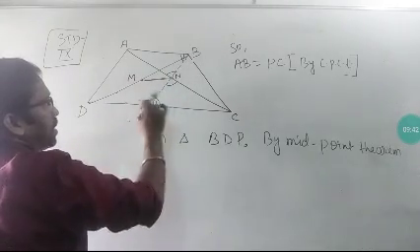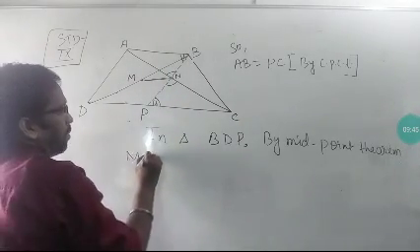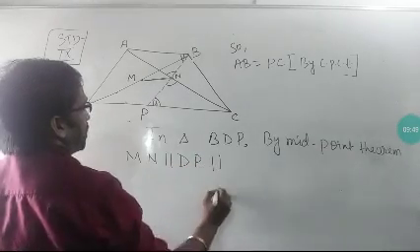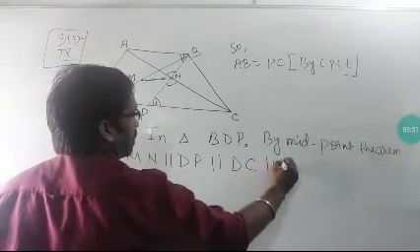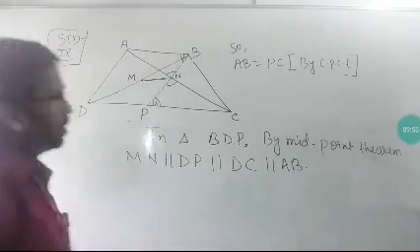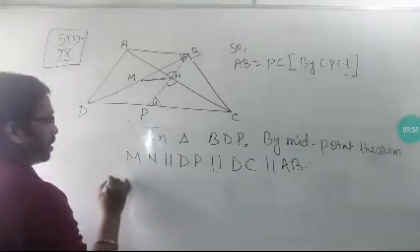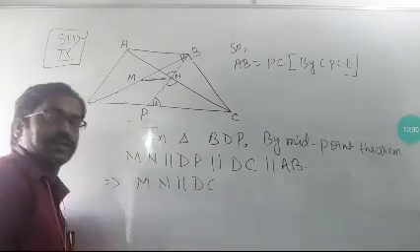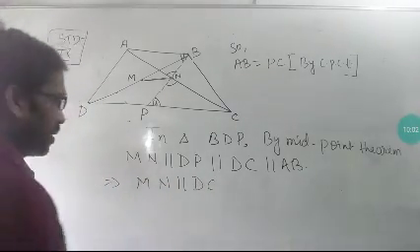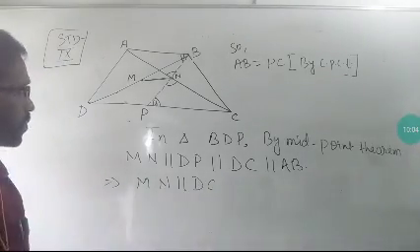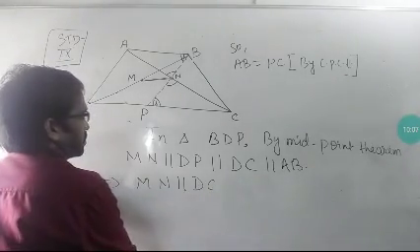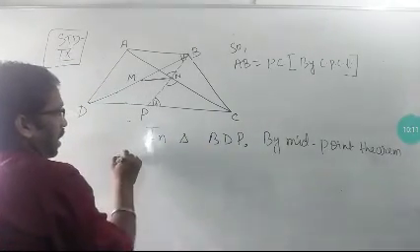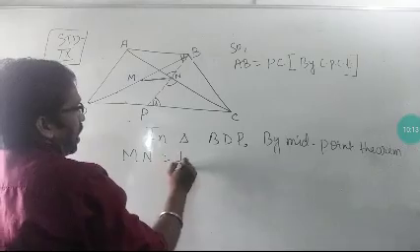So in triangle BDP, MN is parallel to DP, as well as DP is parallel to DC parallel to AB, which means the first part is also proved, that MN is parallel to both the parallel sides. Now MN is equal to half of DP, that is the property of the midpoint theorem.